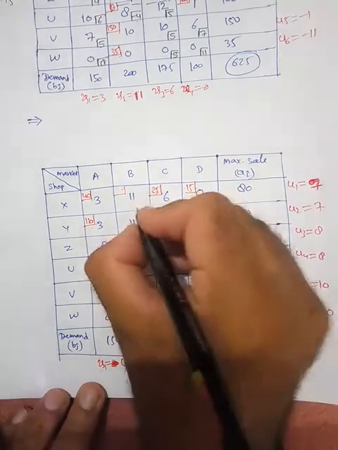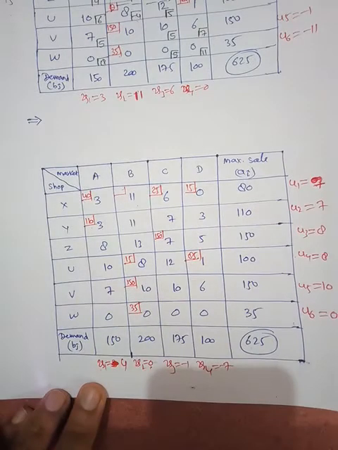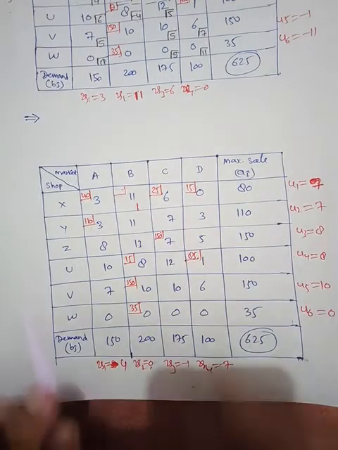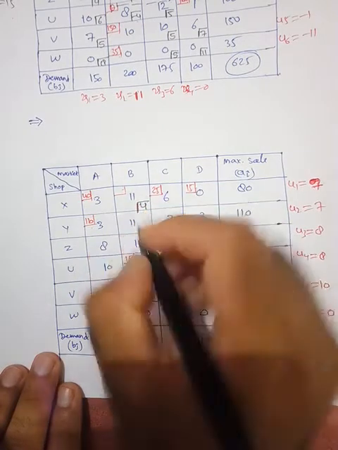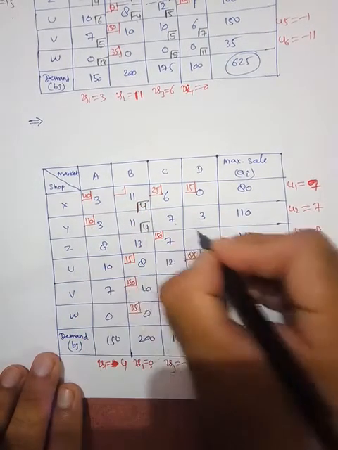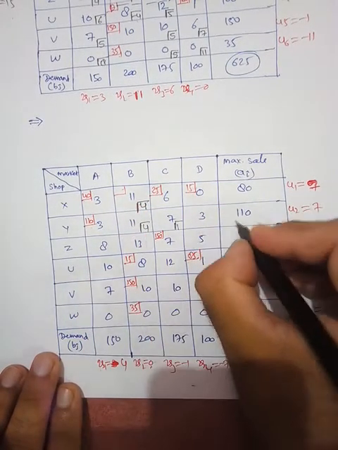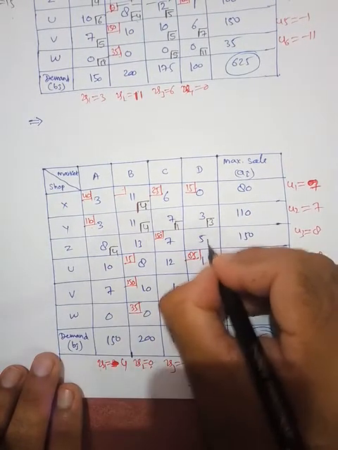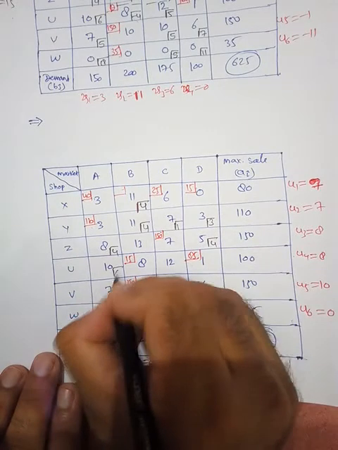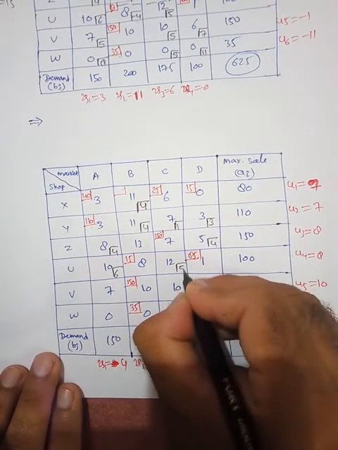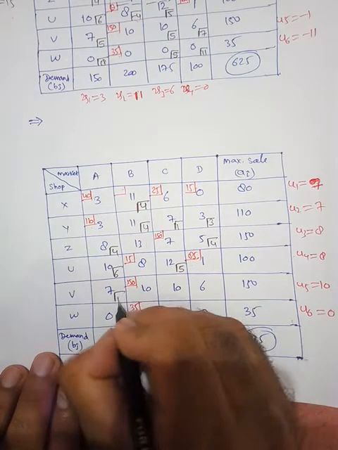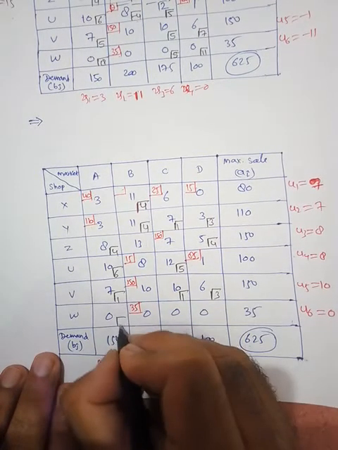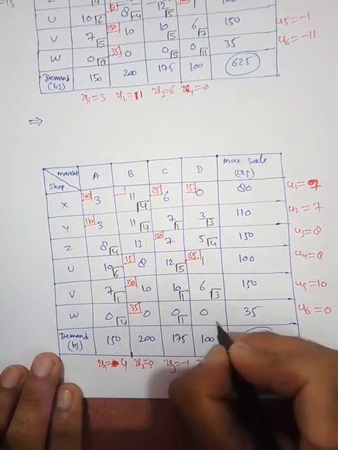So here all the delta ij will be positive. You will see that here we will get 4, 4, 4, 1, and then 3, here 4, and here 4, here 6, here 5, here 1, here 1 and 3, here 4, here 1, here 7.